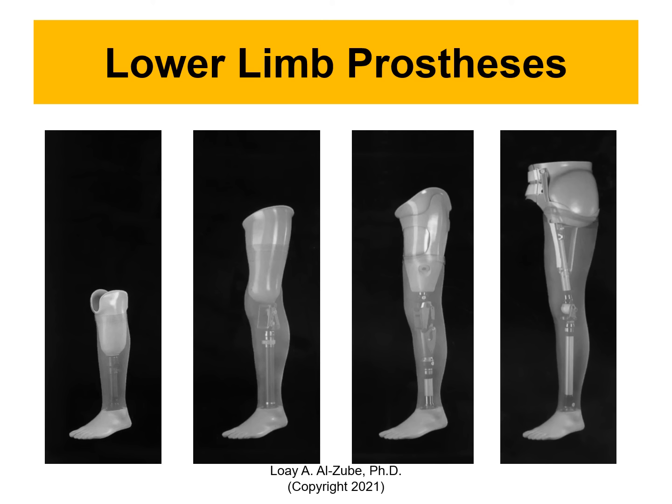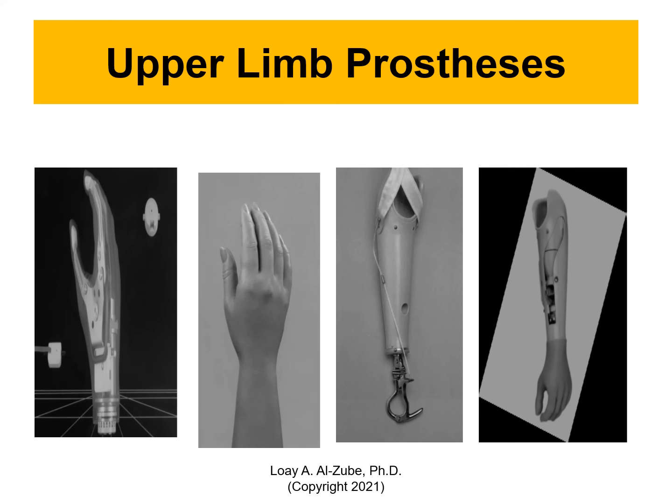Now, lower limb prostheses have internal parts. They used to be one piece. Now we have internal parts and aesthetic parts. The load-bearing parts will be those with joints and more sophistication, and then you have something to cover it on the outside. We're also going to talk about upper limb prostheses.